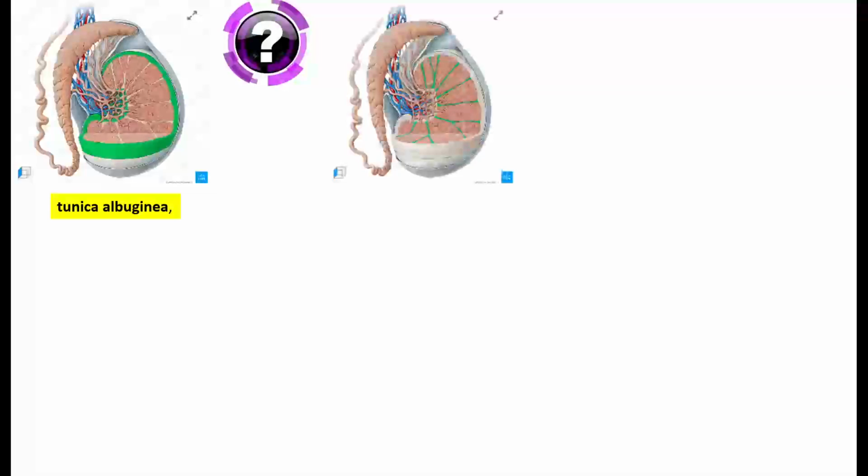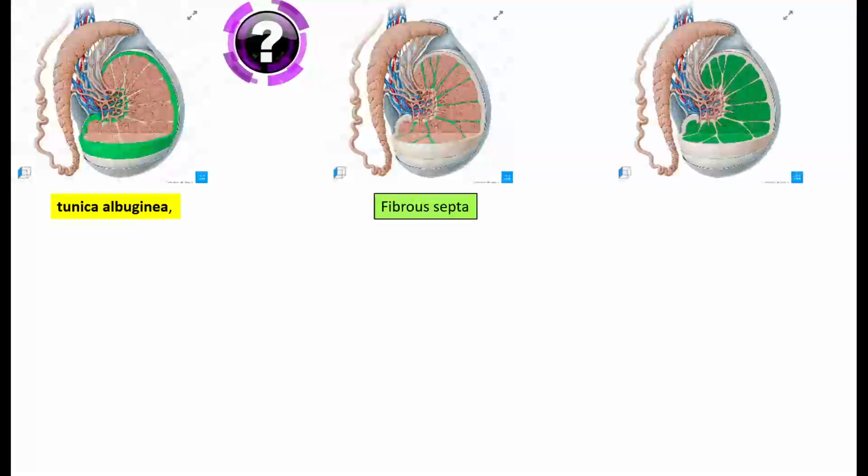from this outer shell or the capsule, septa, the green colored structure, go inside the testis, and they create incomplete lobules, and these are made of fibrous tissue extensions of the capsule or the outer layer of the testis.